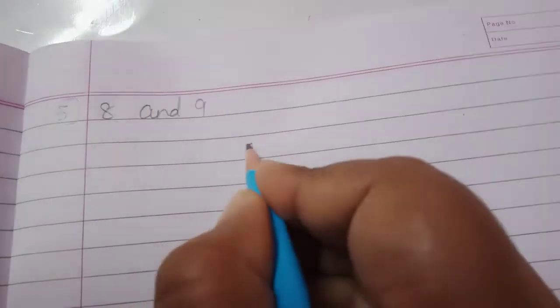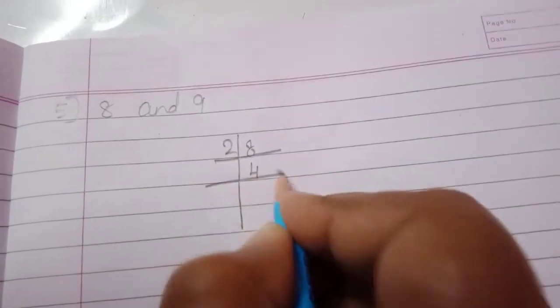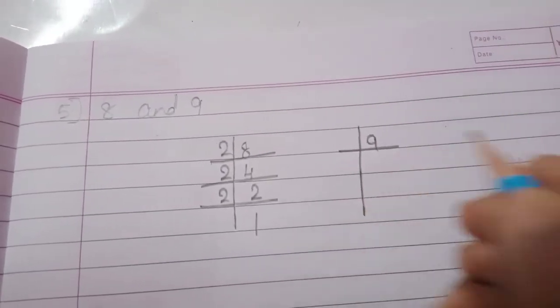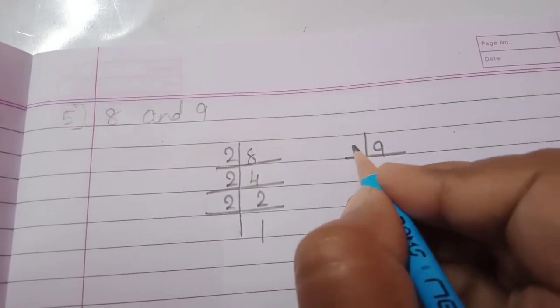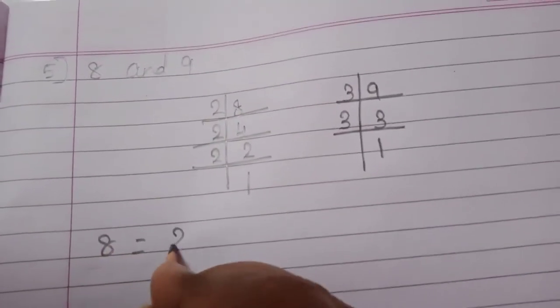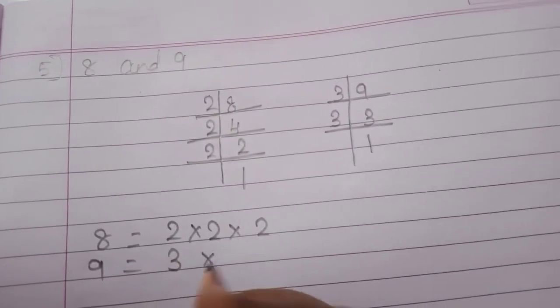Now number 5, 8 and 9. First we have to take out the prime factorization for 8. In the 2 table, will 8 come? Yes. 2 4s are 8. Then 2 2s are 4. Then 2 1s are 2. Now for 9. 9 will not come in the 2 table. It will come in the 3 table. So 3 3s are 9. Then 3 1s are 3. Now we write the factors for 8: 2 multiplied by 2 multiplied by 2. For 9, 3 multiplied by 3.